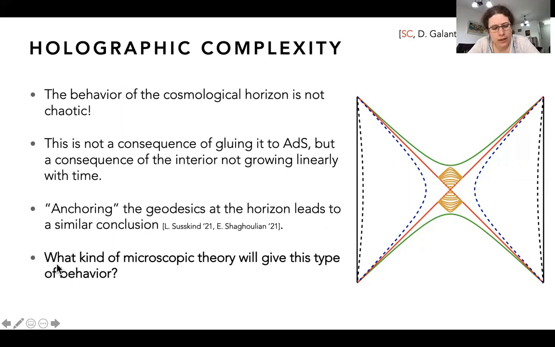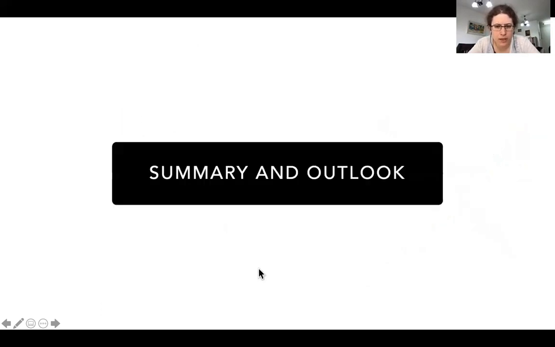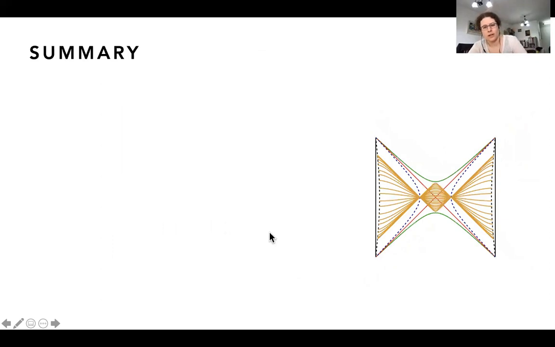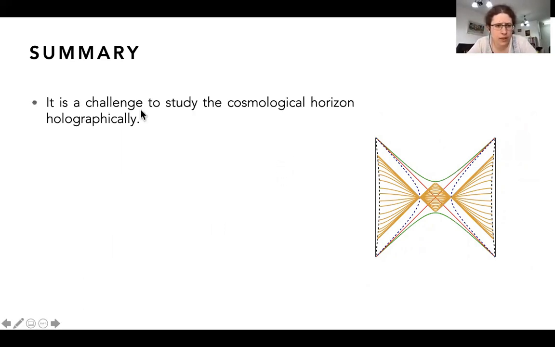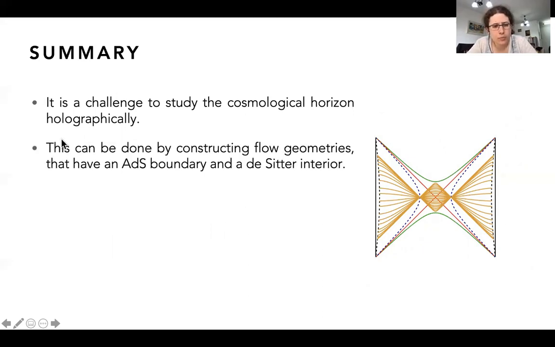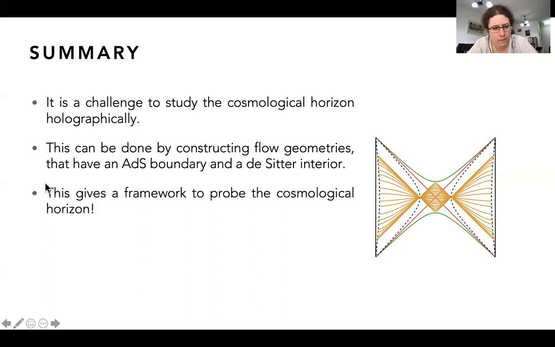Yeah, so let me comment on what kind of microscopic theory will give this type of behavior. So this is going to be after the summary. So I'm going to summarize and give a little bit of a hint of what one should do to construct a microscopic theory that has this behavior. So just to summarize first, we saw that it is a challenge to study the cosmological horizon holographically, but it can be done by constructing float geometries that have an AdS boundary and the de Sitter interior.